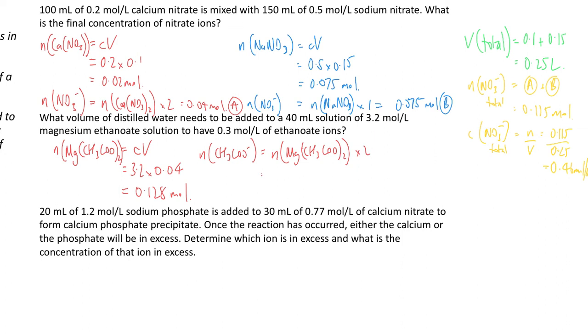There's 2 of them, so I times that by 2. Right, that gives me 0.256 moles. Oh, just moles, sorry. Okay, so what volume of water do I need to have here?